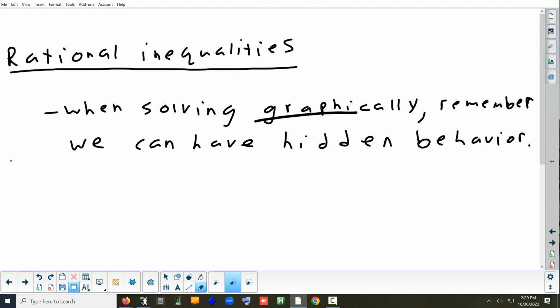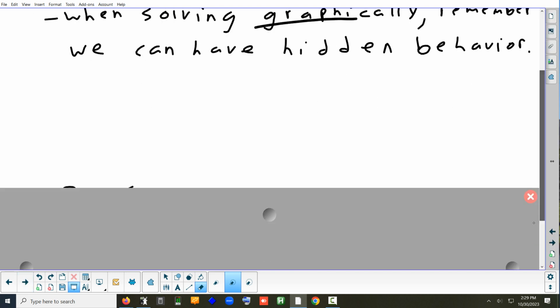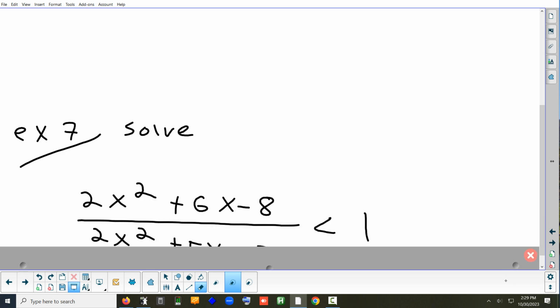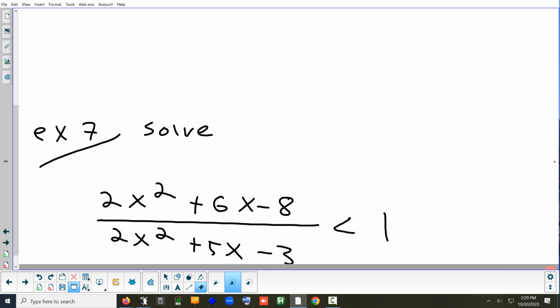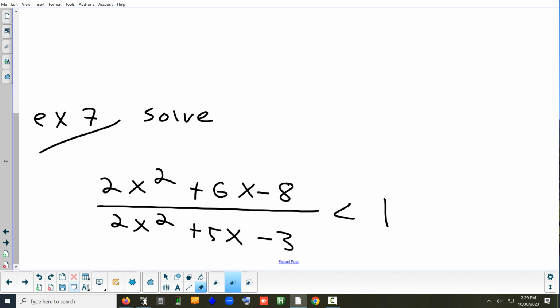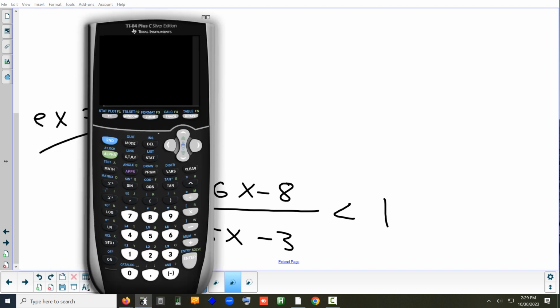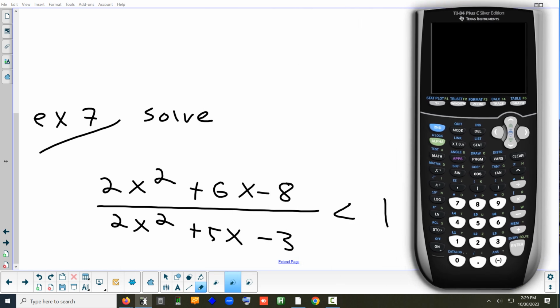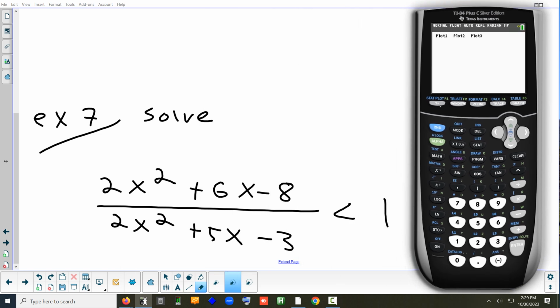Let me fix this. Okay, let's try this one. It's an inequality. So how are we going to solve it? Graphing. The only thing you can mess up on here is just not plugging it in right. Very real possibility.